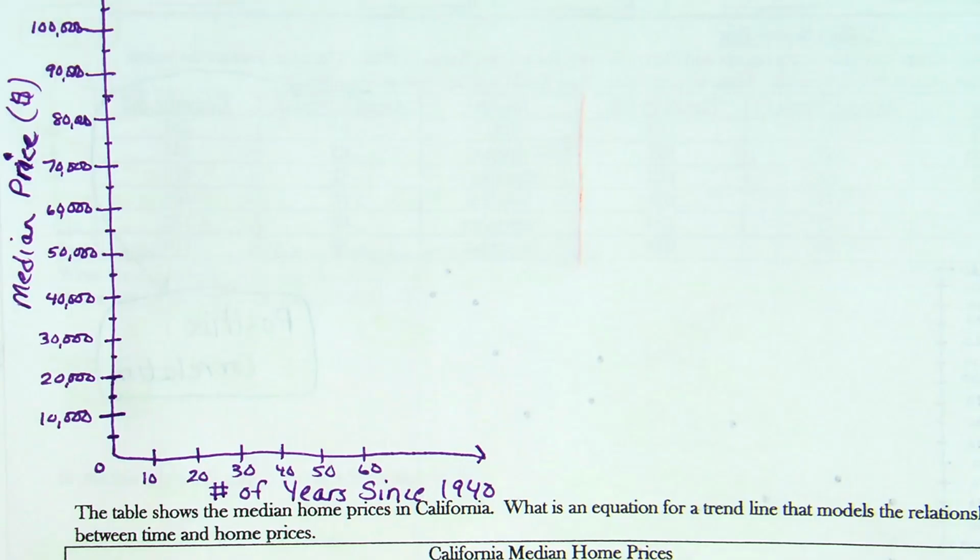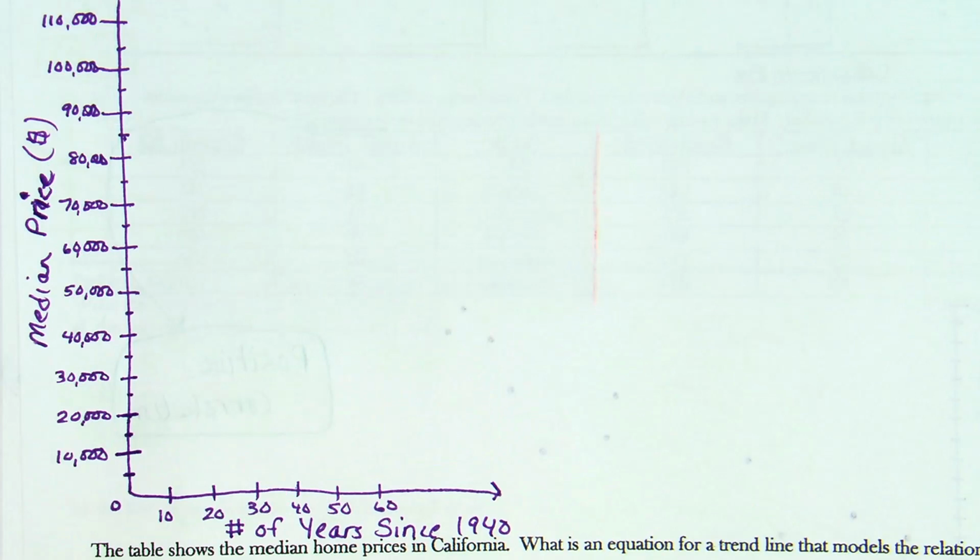Okay, we need to label or put your dots in. 1940 is year 0, 23,100.